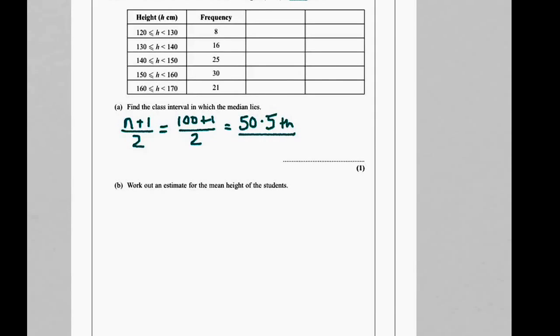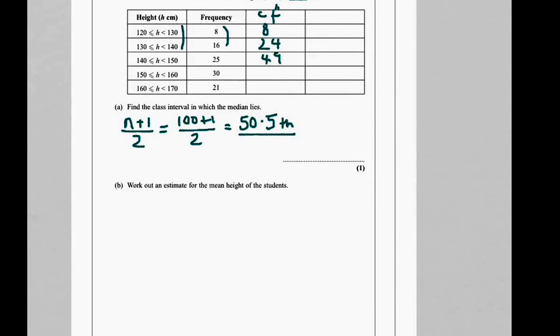So what I'm going to do is take a cumulative frequency table. It's nice and handy that they've left a bit of space for me. And cumulative frequency means I'm just going to add these up as they go along. So 8 and then 8 plus the 16 means that so far I've got 24 values in between these two classes. Then I'm going to add the 25, which makes 49.